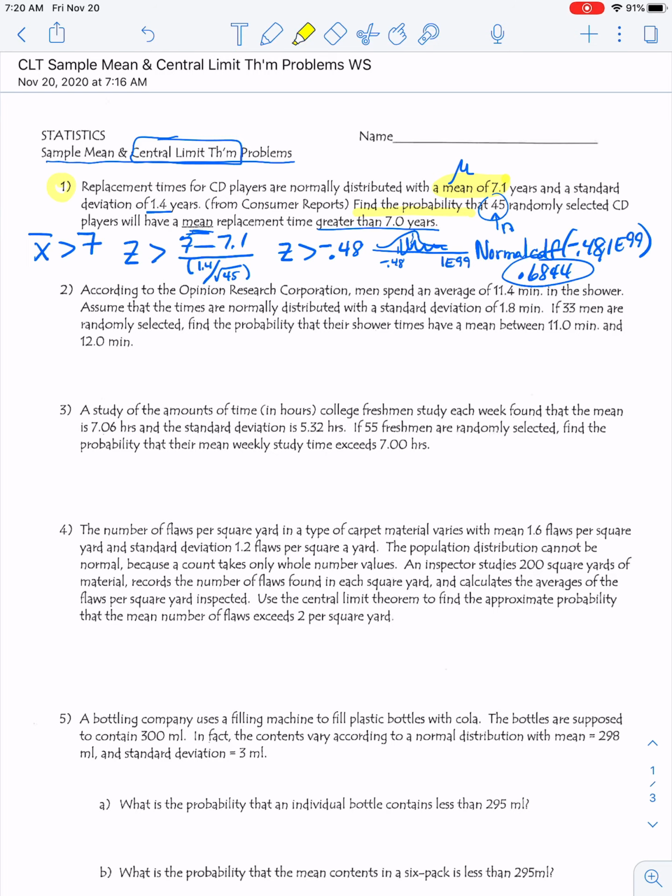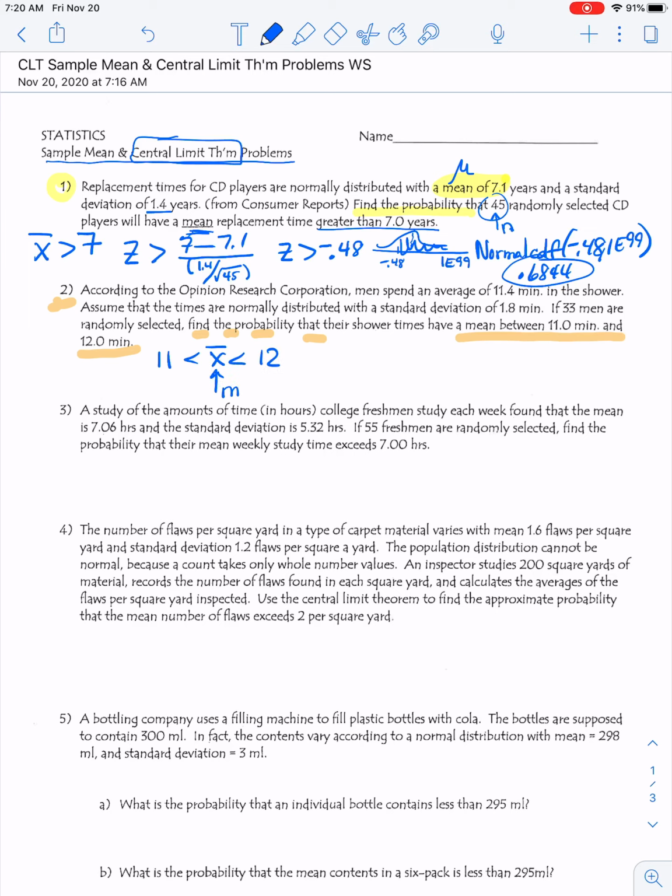So again, let's go through and look at the questions here. Number 2 says, find the probability that the mean is between 11 and 12. So 11 is less than x bar is less than 12.